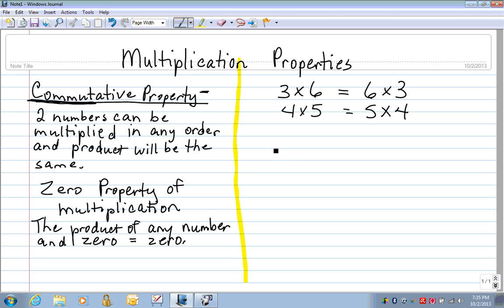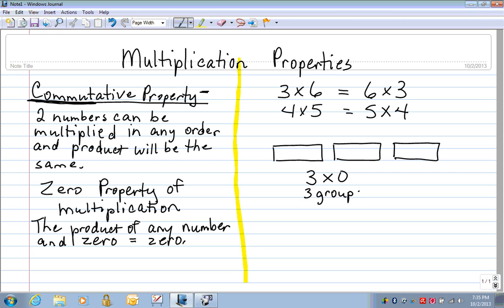For example, if you have 3 boxes and those boxes are empty, you have 3 times 0, or 3 groups of 0. And of course, that equals 0.